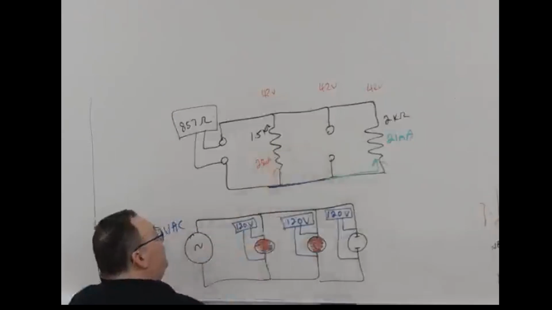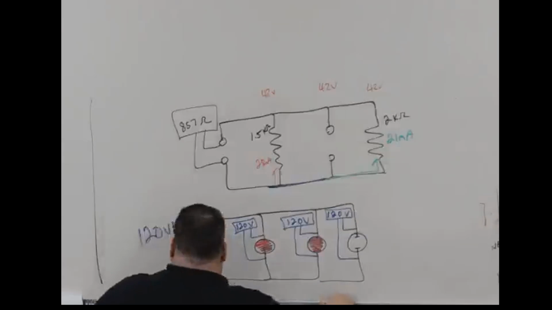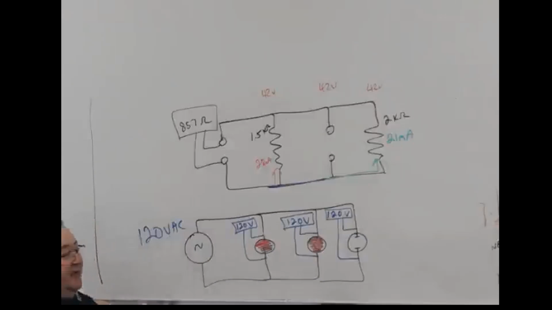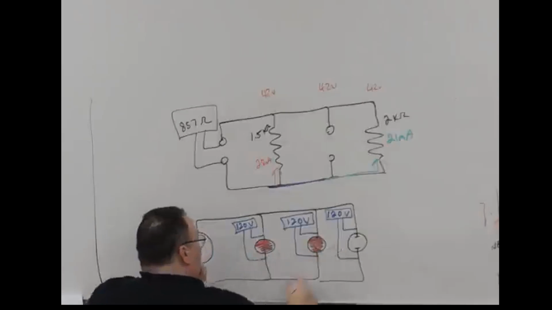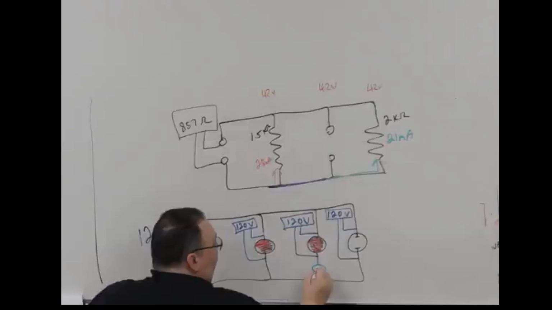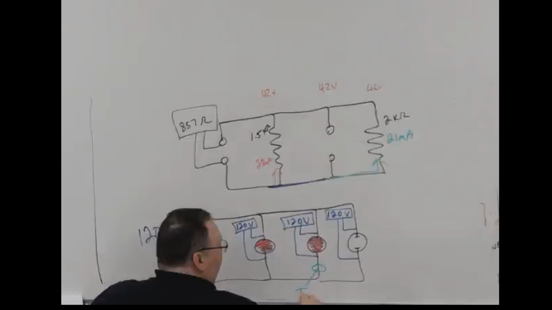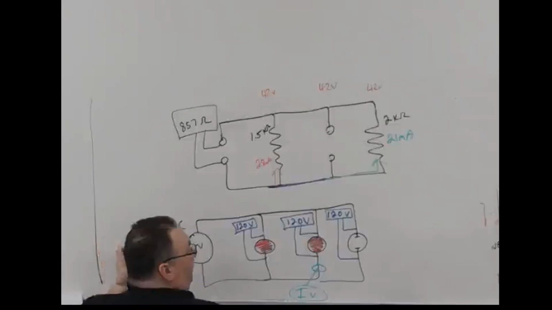We may need to check current. One of the best tools is the clamp-on current meter, because regardless of what these current values are, if I clamp on here and check my current, I should read some current value: 2 amps, 1 amp, half of an amp, whatever.